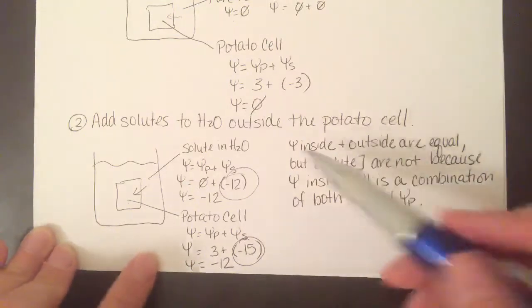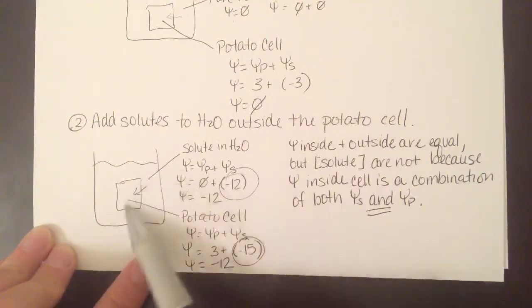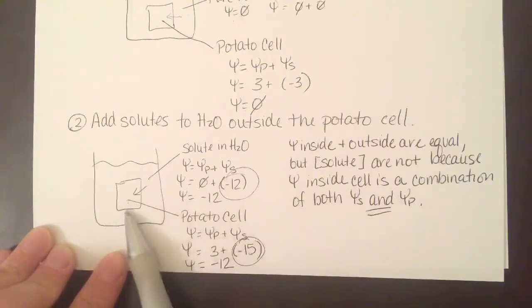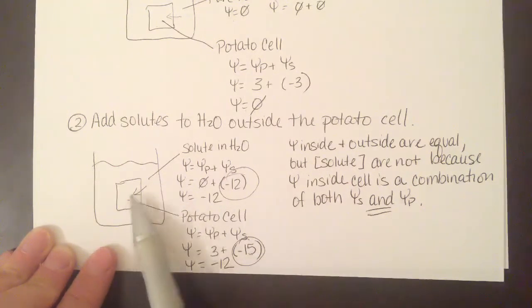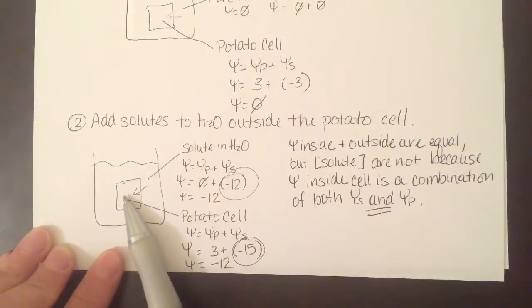So therefore, you can have a situation where the concentrations aren't equal on either side, but the water potentials are, because the other thing that plays a role in the diffusion of water is pressure. So therefore, as the cell fills up with water, there may not be any more room, the volume, the space that's filled to the max with water, and so therefore net water diffusion will cease to happen.